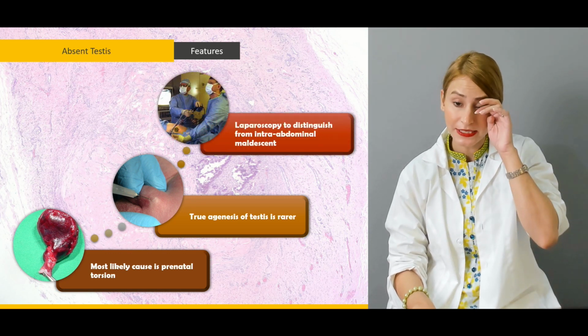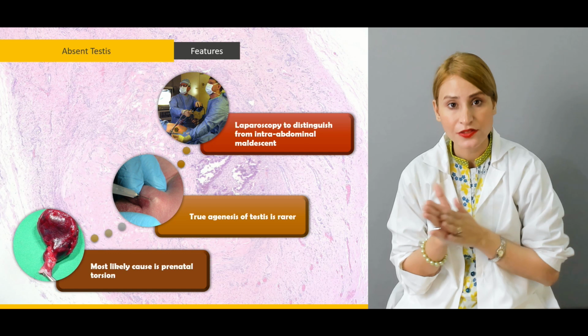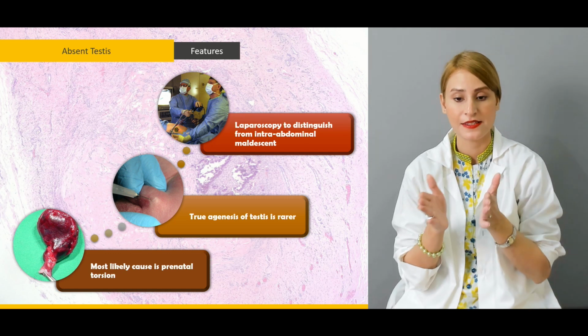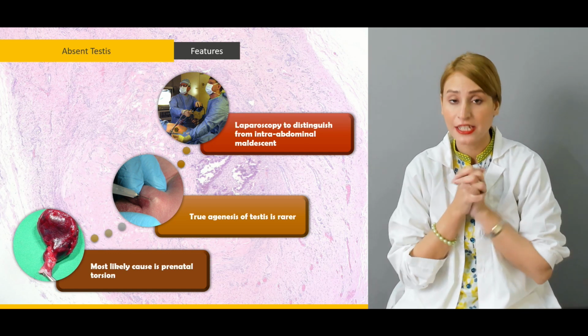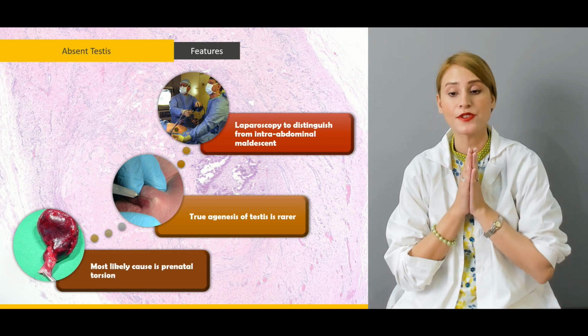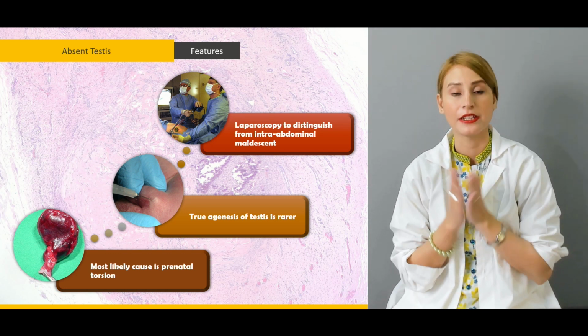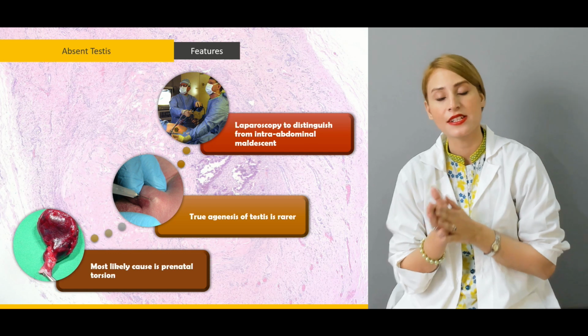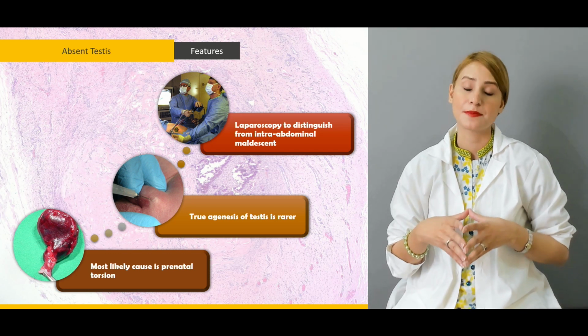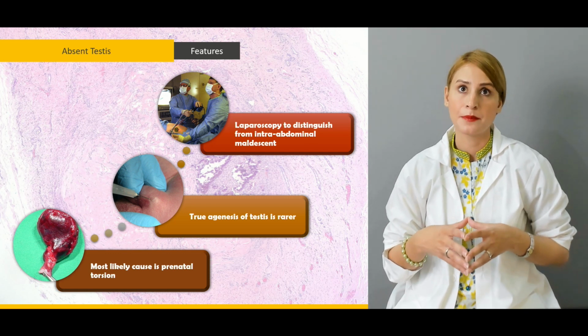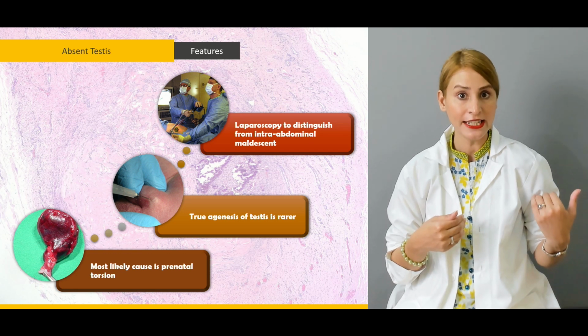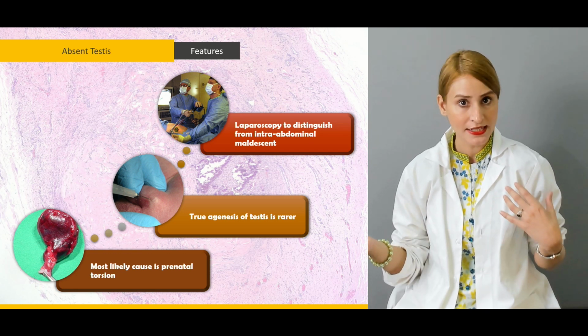In case of this agenesis of the testes, you should perform laparoscopy, and laparoscopically you should distinguish the agenesis from the intra-abdominal maldescent, because sometimes they are located intra-abdominally and you do not find them in the tract.